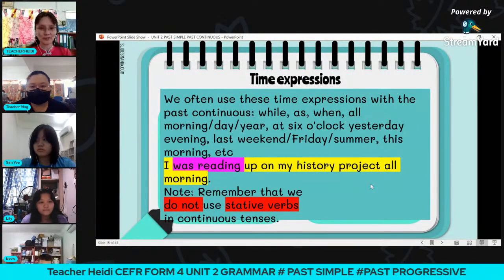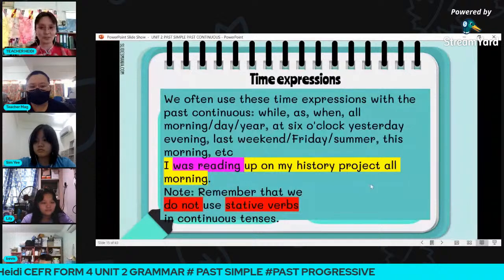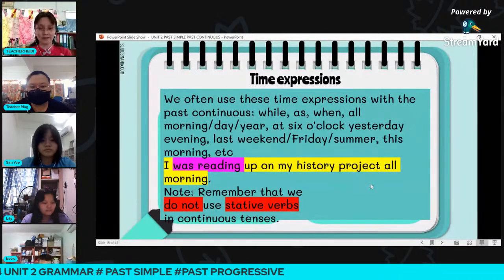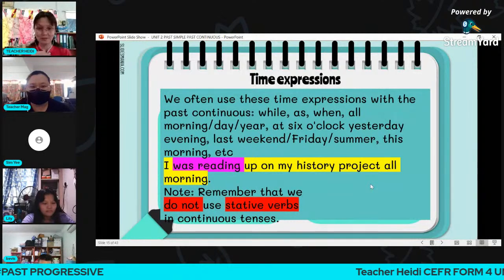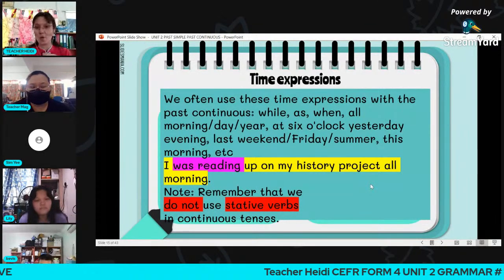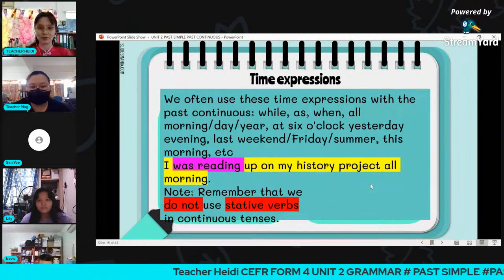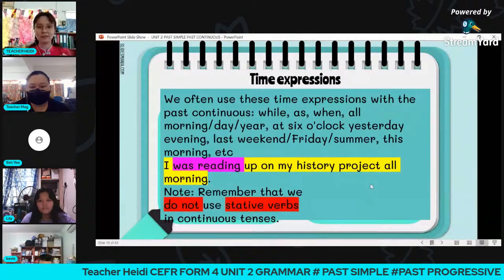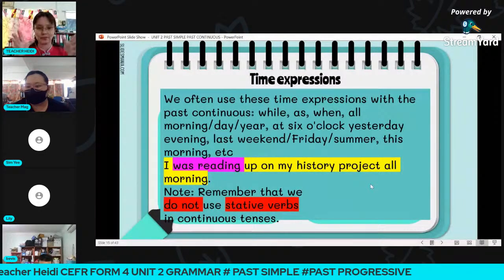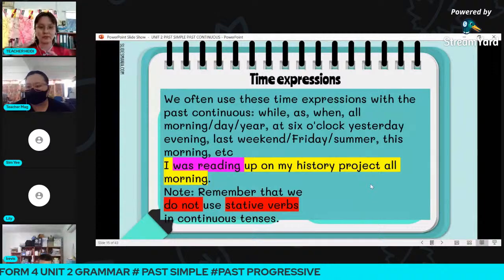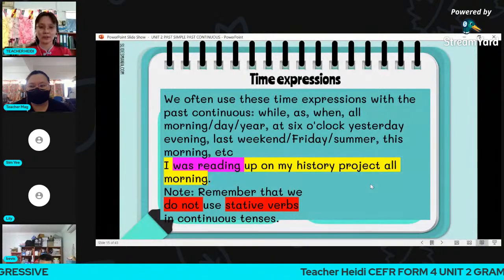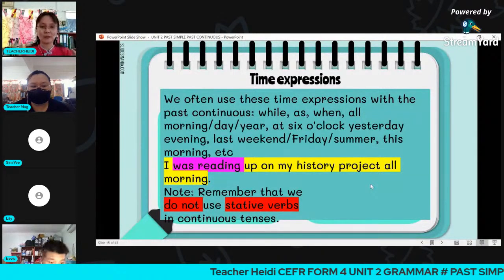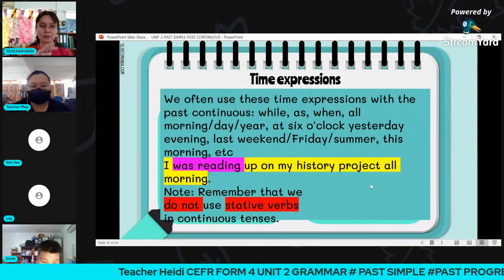So for this one, we often use these time expressions. You see, while, as I just told you for continuous writing, you have while, when, all morning, at 6 o'clock yesterday evening. Normally the time given is very specific, at 6 o'clock yesterday evening, because they want to know what activity was in progress at that point in time, since you are speaking of yesterday.